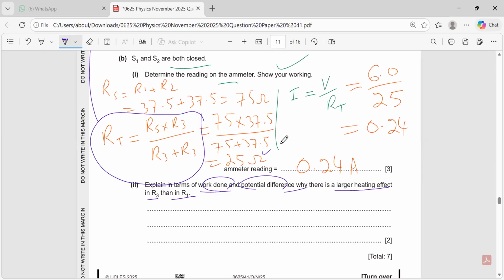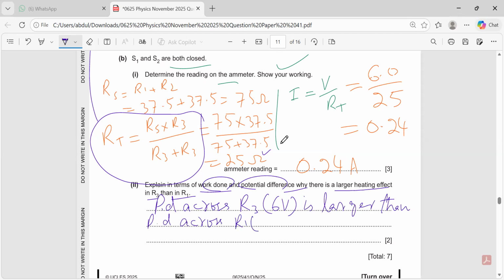We will say potential difference across R3, basically that is 6 volt, is larger than potential difference across R1. Potential difference across R1, that we have used already, 3 volts.